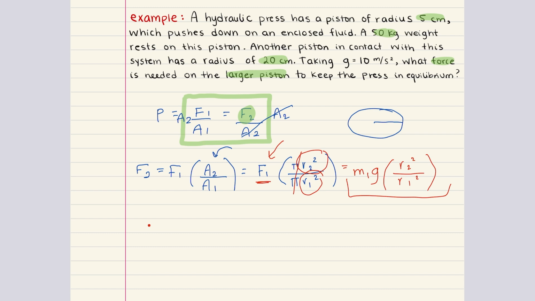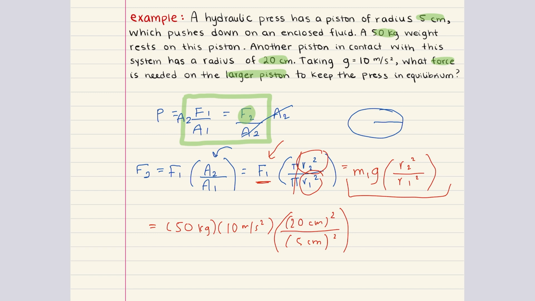We know that the mass of piston 1 is 50 kilograms. The acceleration due to gravity is 10 meters per second squared. And then here we have the radius of piston 2, which is equal to 20 centimeters, squared, and it's divided by the radius of piston 1, which is equal to 5 centimeters, and that's also squared.